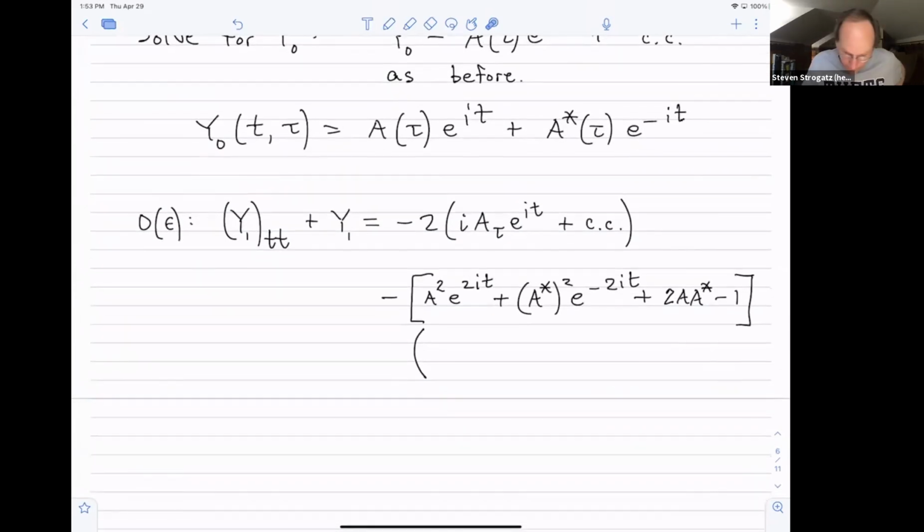That's i a e to the it, and then I'm doing plus the derivative of the complex conjugate of that. So as you said, Maria, that gives me a minus i a star e to the minus it.